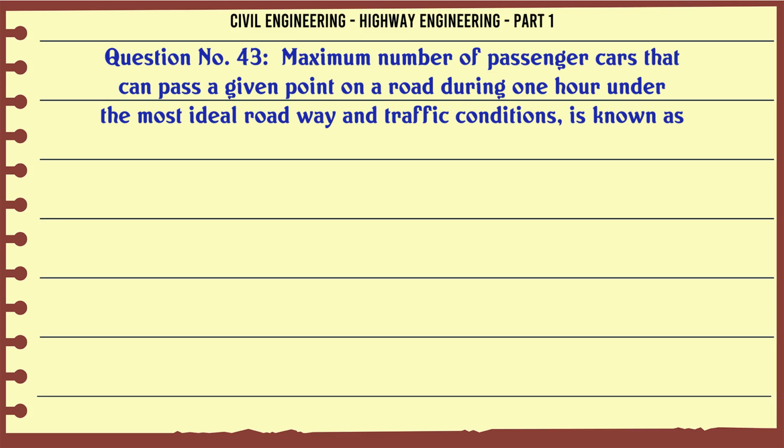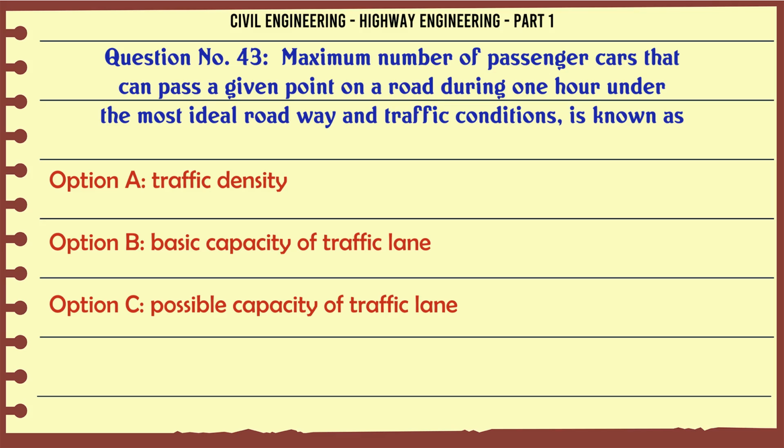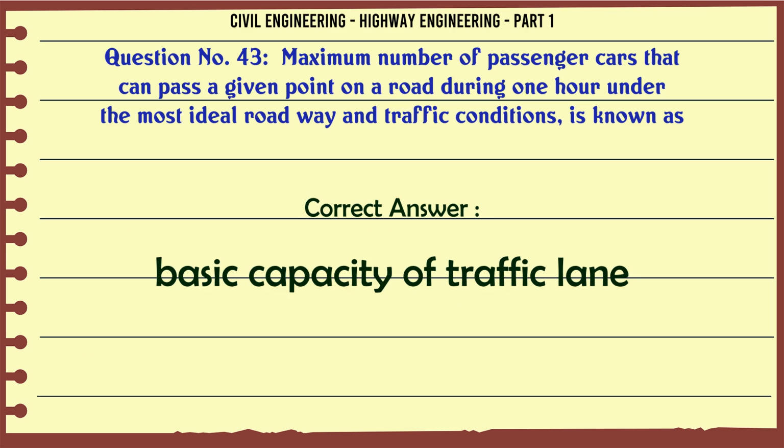Maximum number of passenger cars that can pass a given point on a road during 1 hour under the most ideal roadway and traffic conditions is known as: A, traffic density; B, basic capacity of traffic lane; C, possible capacity of traffic lane; D, all the above. The correct answer is basic capacity of traffic lane.